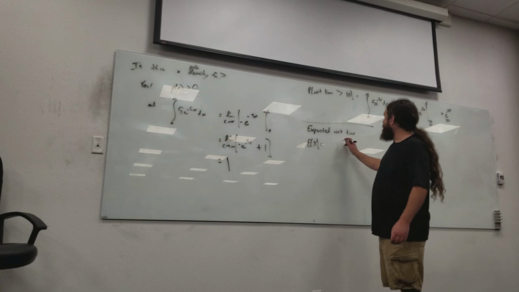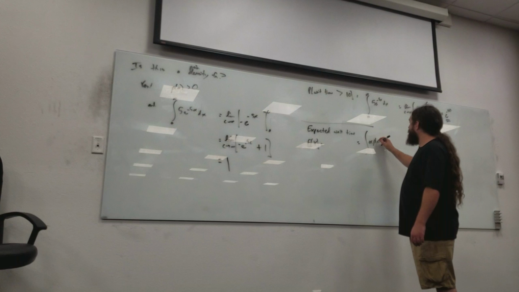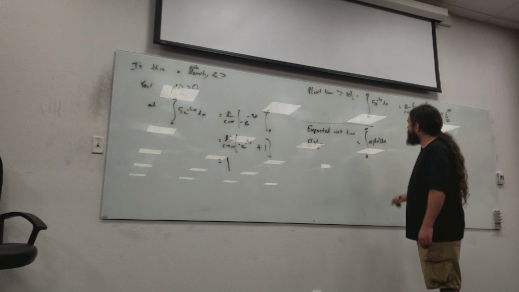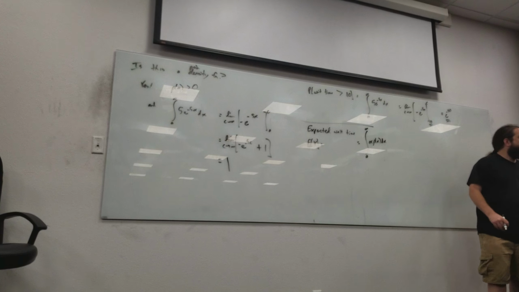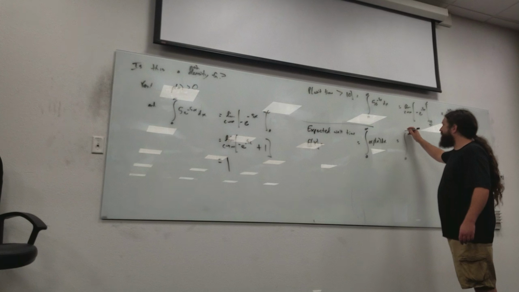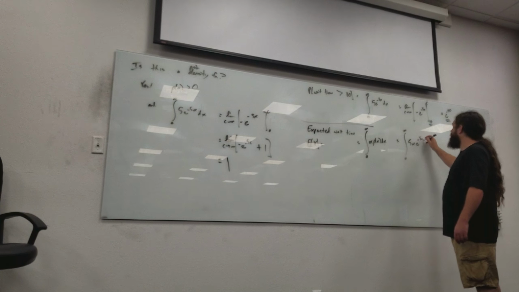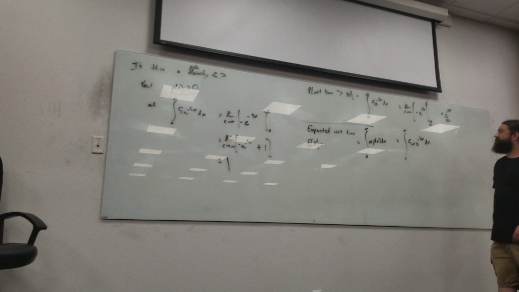So it's going to end up being the integral of x times your density function from 0 to infinity. So in this case, it's integration by parts, but it's not a bad one. So this is the integral from 0 to infinity of 5x times e to the negative 5x.